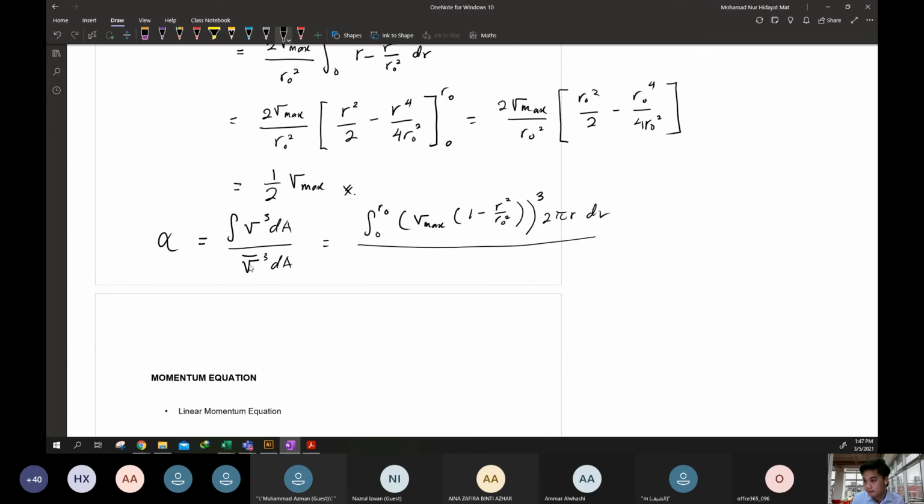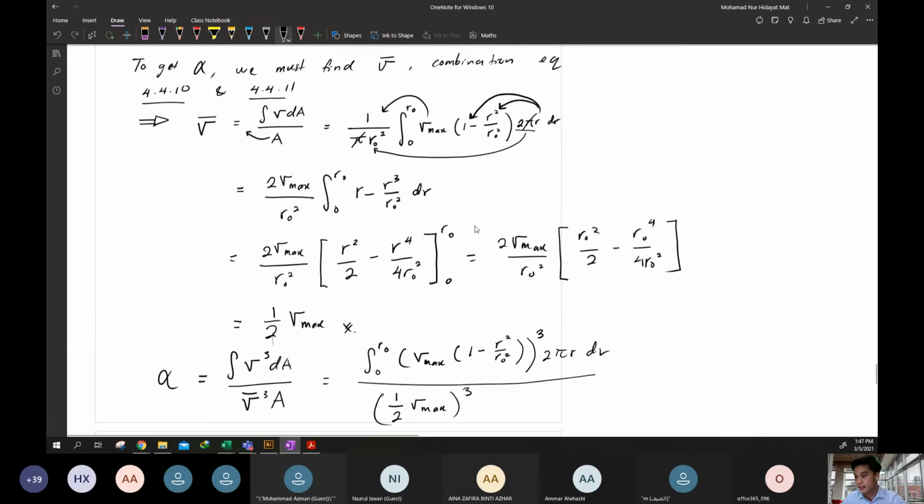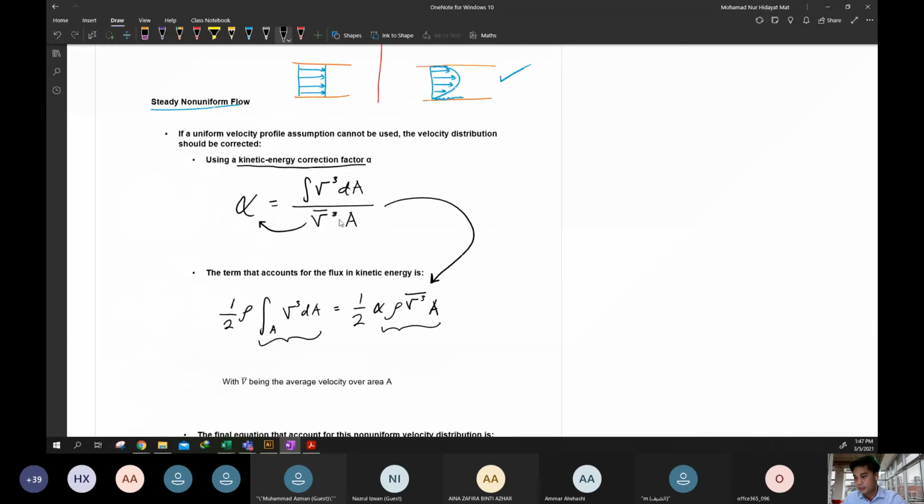Over this, v average cubed. V average is the one that we found here, half Vmax cubed, and the area. Sorry, this is not dA, this is area only, because here it is v cubed times area, with no differentiation.